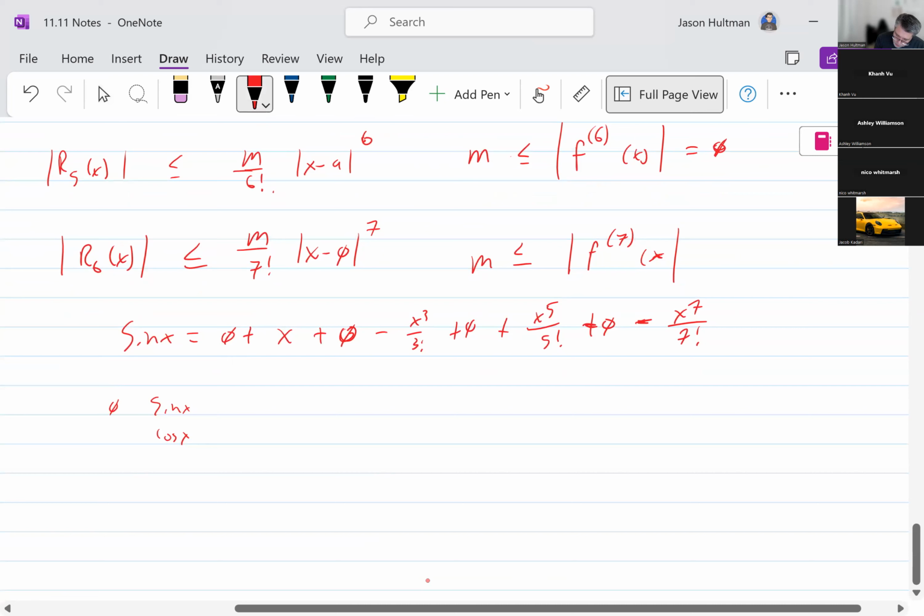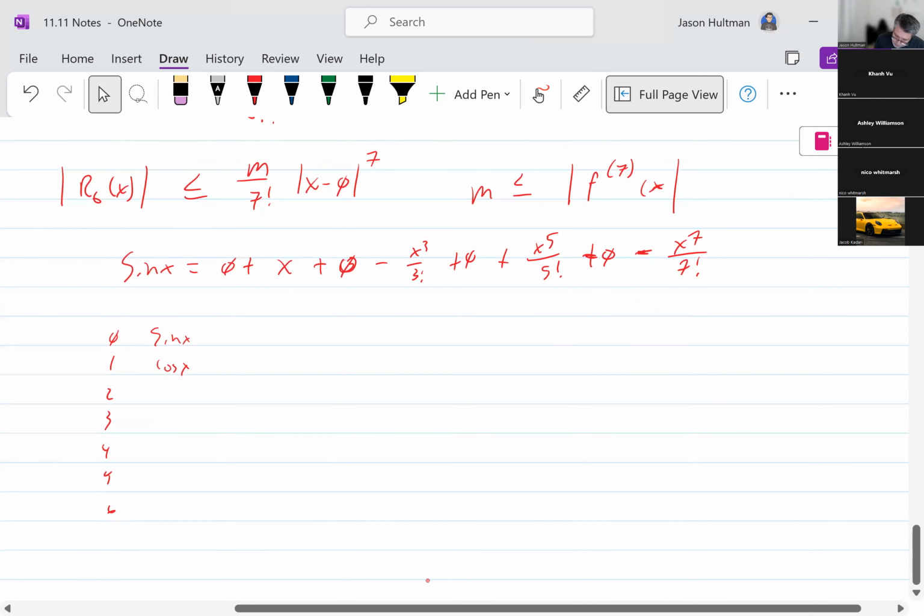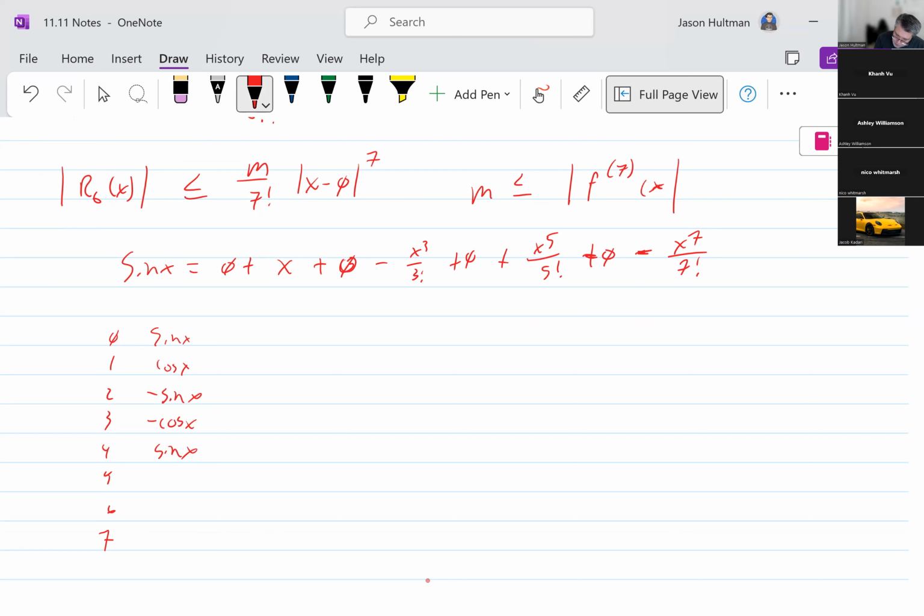This is 0, 1, 2, 3, 4, 5, 6, and 7. I guess it's not that bad. Okay, negative sine x, negative cosine x, and then back to sine x, and then cosine x, and then negative sine x, and then negative cosine x. So the function is negative cosine x, right?